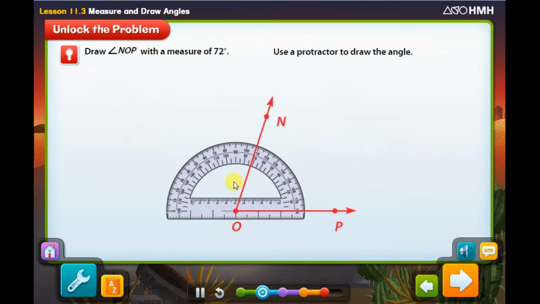So you now have angle NOP that measures 72 degrees. Is it 72 degrees now? Yes, it's exactly 72 degrees. And this angle is called NOP. Let's see another example.